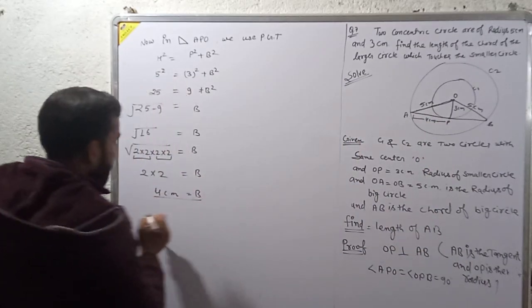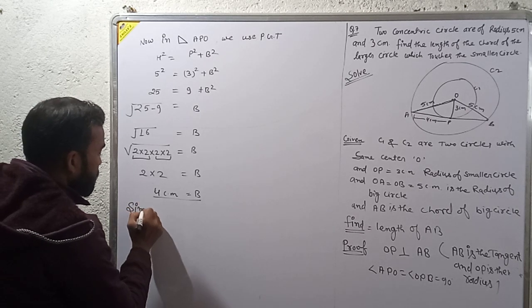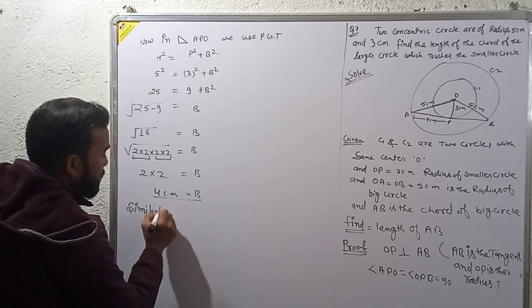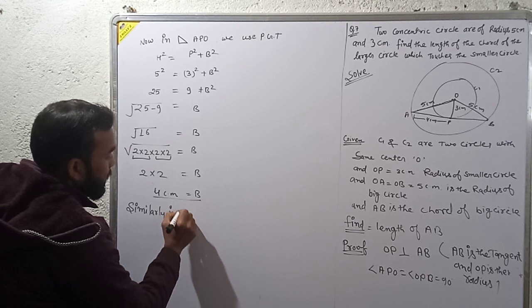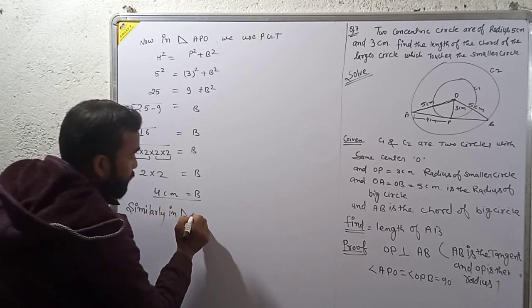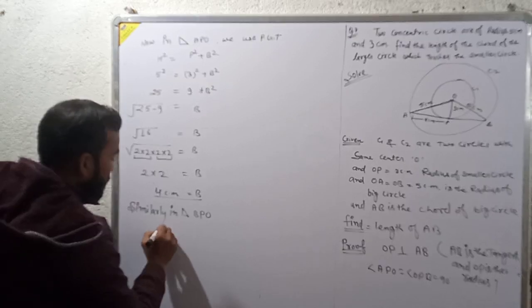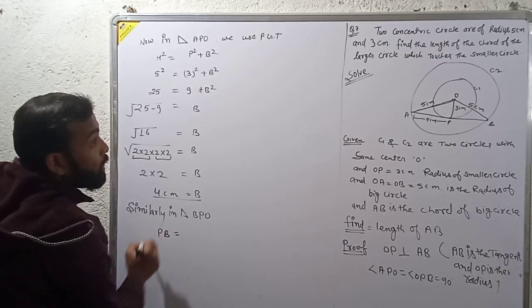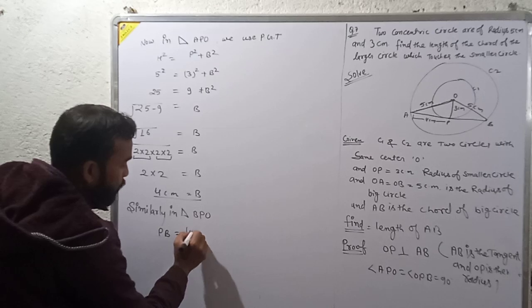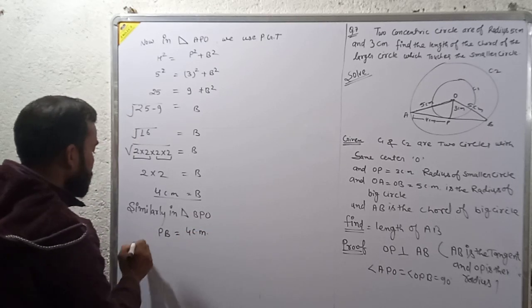Again, similarly, in the right angle triangle BPO, PB is equal to 4 centimeter.